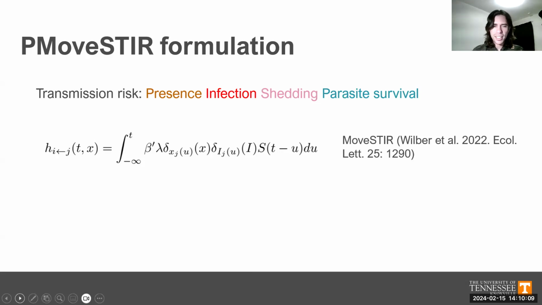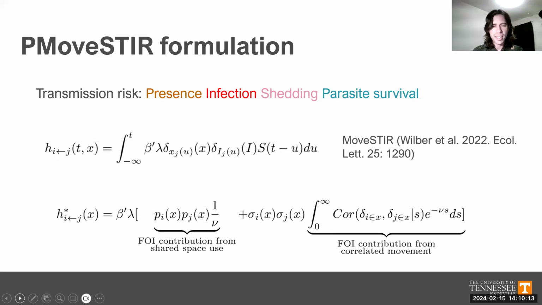This is the basic equation, but what I would like you to focus on is this second equation, which is what we have developed. There is one limitation, or one caveat, to the original formulation: you're limited to what you observed. You can calculate this force of infection for the specific locations where the animals were, but no other locations.